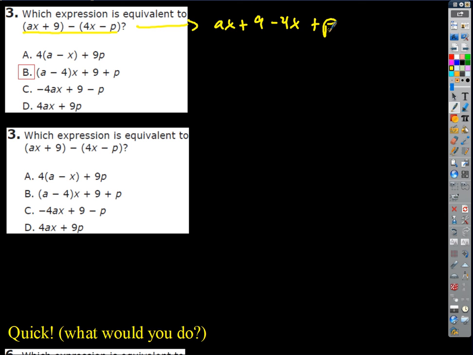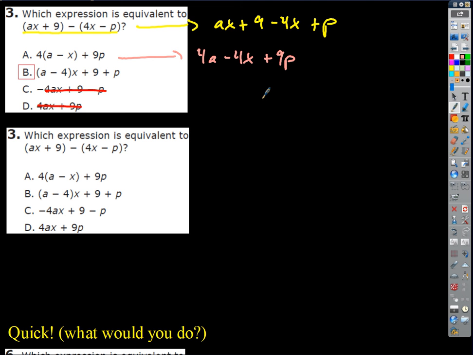I just want to find all the ones that match that. I'm trying to find, well, actually only one of them does. We can cancel out a bunch though, can't we? That's not equal to that. That's not equal to that. If I distribute up here in this top one, if I distribute the 4, I get 4a minus 4x plus 9p.